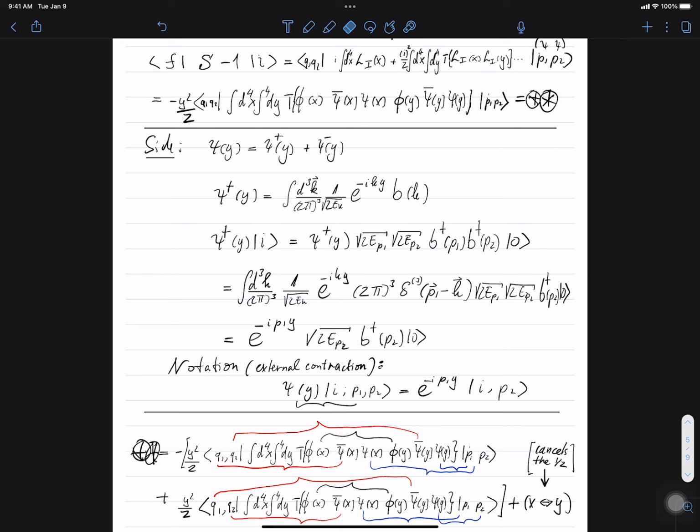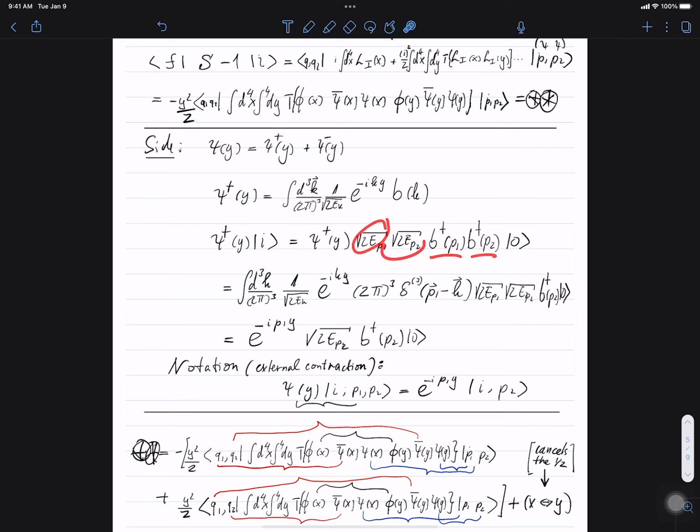So what we can do now is take this psi plus, for example, and apply it to the initial state, right? Here we see what happens if we put it next to the initial state, where in the initial state we have two psi particles that have been created from the vacuum by this creation operator B dagger with momenta p1 and p2.